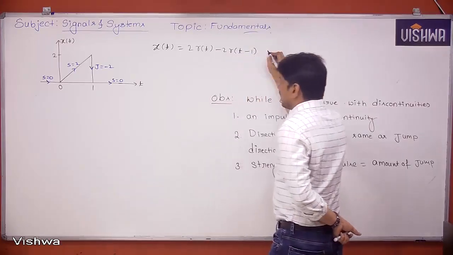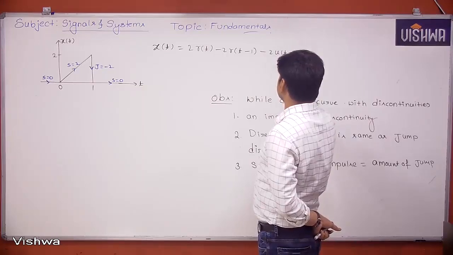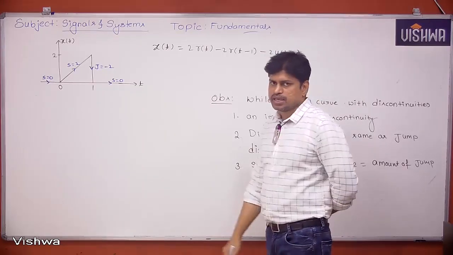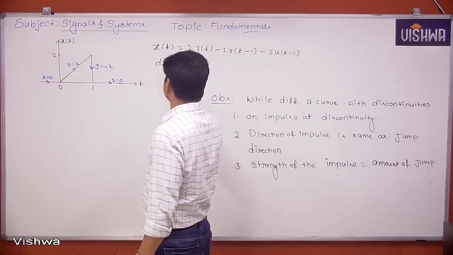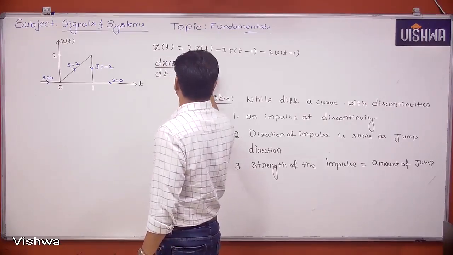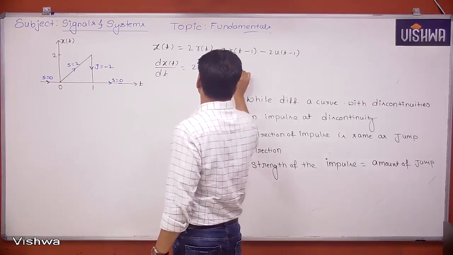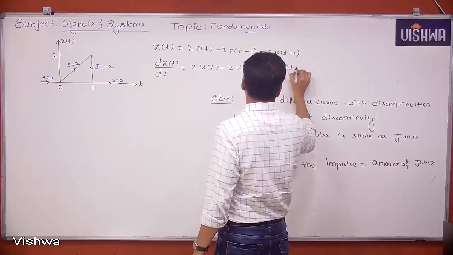At 1 we are having a jump also, minus 2 u of t minus 1. So this is what x of t is. Then what is dx of t by dt? That is 2 u of t minus 2 u of t minus 1 minus 2 delta t minus 1.